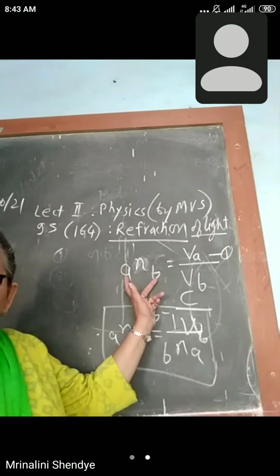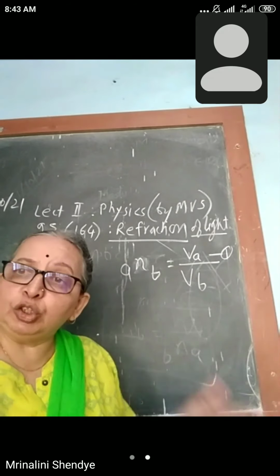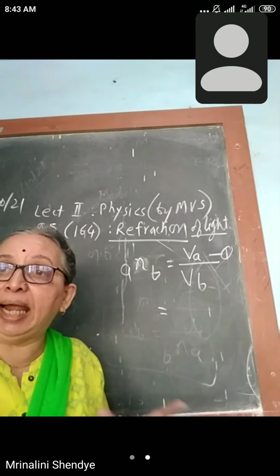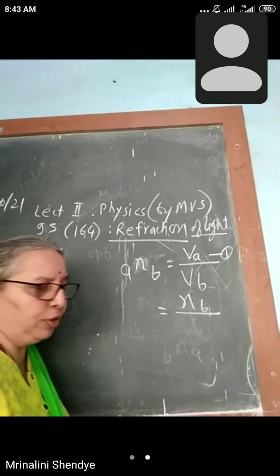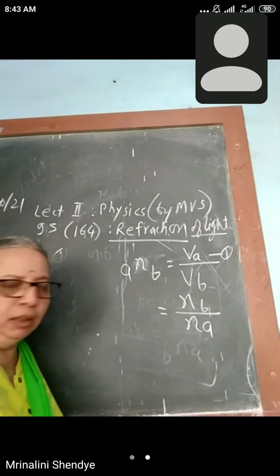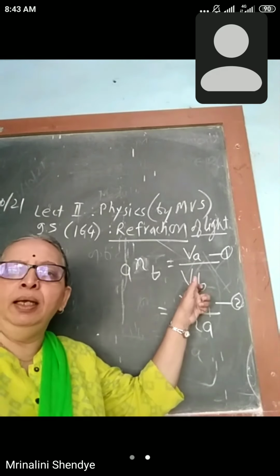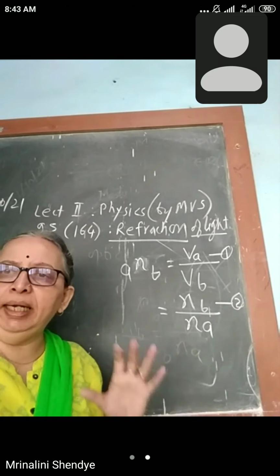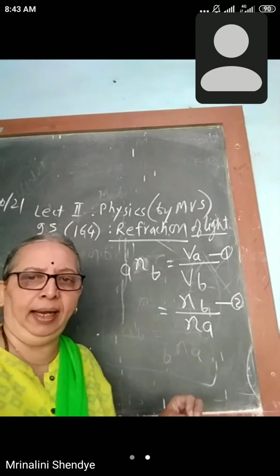And the refractive index of B with respect to A can also be rewritten in terms of absolute refractive indices: absolute refractive index of the second medium upon absolute refractive index of the first medium. This is the second formula. VA upon VB is equal to NB upon NA. It is already proved; all this proof is done.